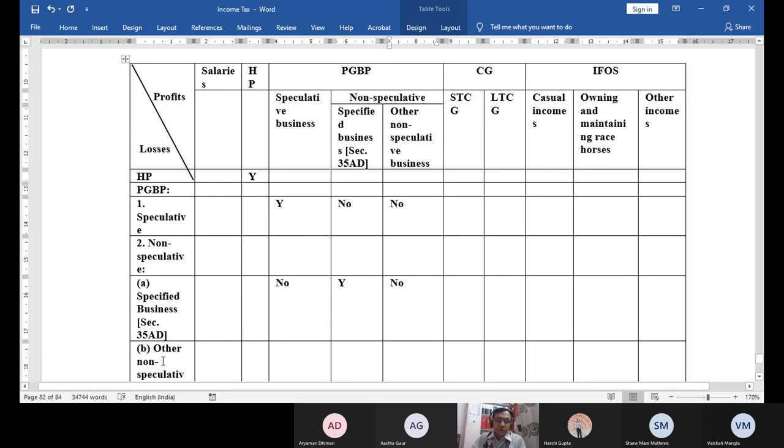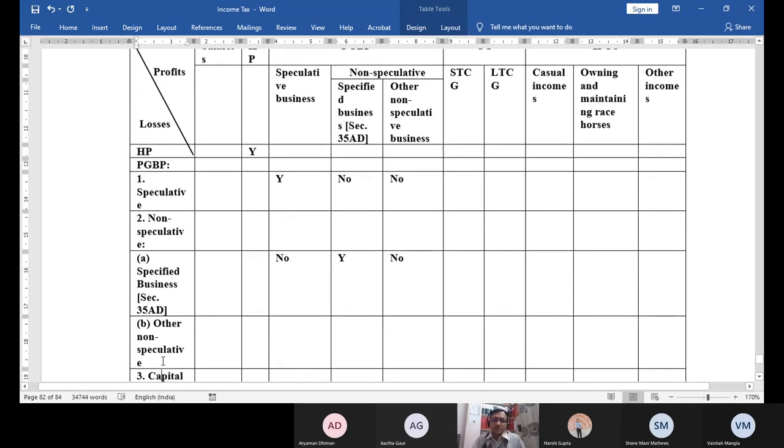Similarly, other non-speculative losses, meaning other than 35 AD, have freedom. These can be adjusted against speculative business income, specified business incomes, as well as other non-speculative business income. This is the point as far as PGBP is concerned.